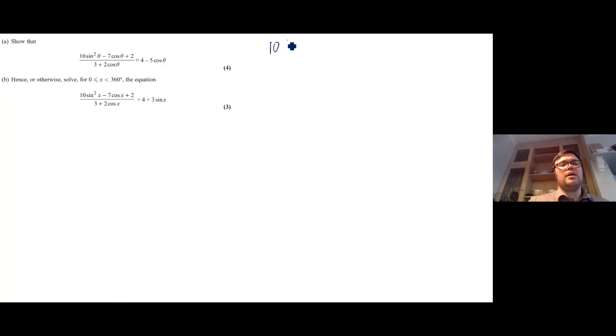So that's going to be 10 times (1 minus cos squared theta) minus 7 cos theta plus 2, and that's all over 3 plus 2 cos theta.